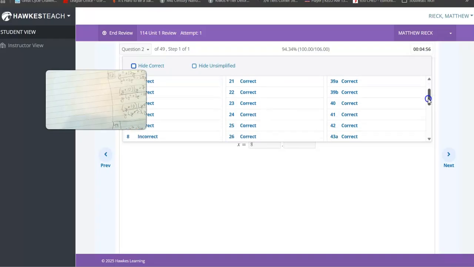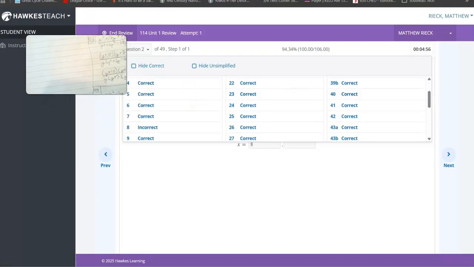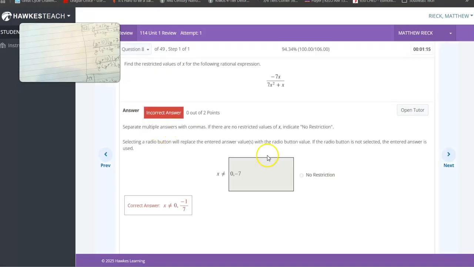Where is the next incorrect one here? So this is question 8. Why would it be negative 1/7?